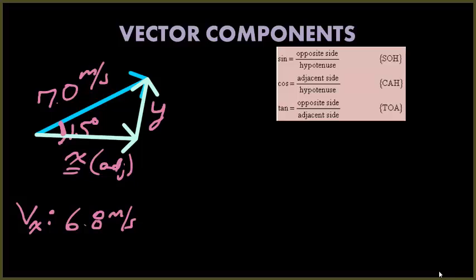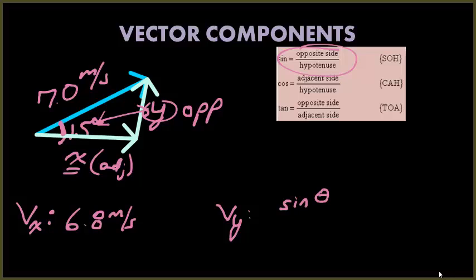I want to do the exact same thing for my velocity in the y direction. This time, if I look at where my y component is, it's actually opposite that 15 degrees. So that means I'm going to use my sine function. Sine of my angle is my opposite side, or my y component, over my velocity.